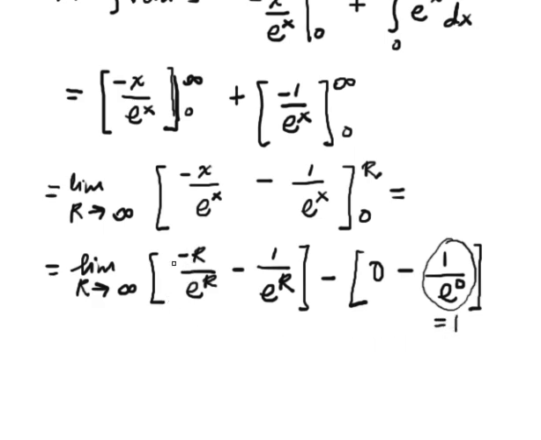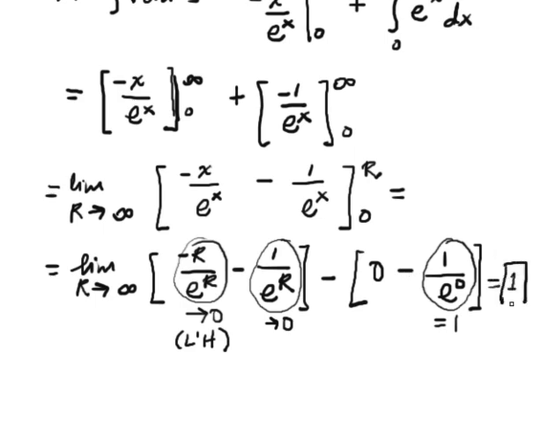As r goes to infinity, 1 over e to the r goes to 1 over infinity, so this goes to 0, and this one does as well. We'll see that by using L'Hopital's rule. So assuming that these both go to 0, what we have here is minus minus 1. So our integral evaluates to 1.